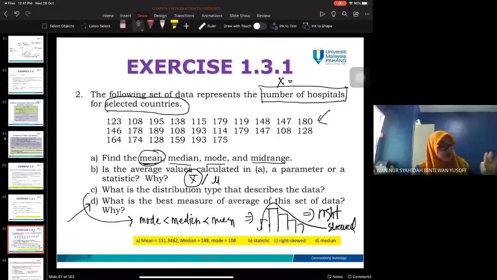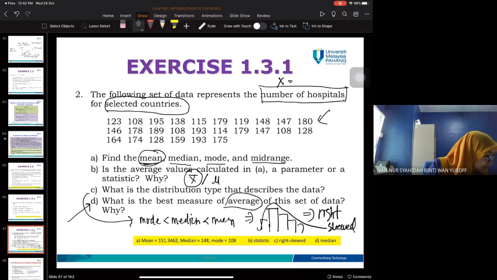The best measure of average, where average is another name for central tendency, could be mean, median, mode, or mid-range. But mode is just the most frequent value in your data set, with no calculation involved, and mid-range is just a rough measure. So it will be either mean or median.